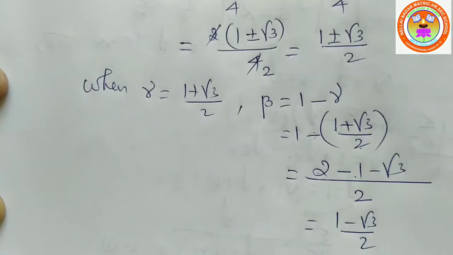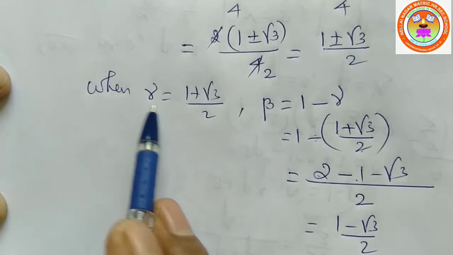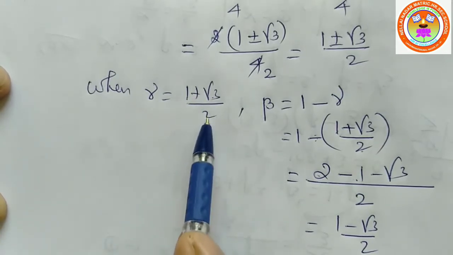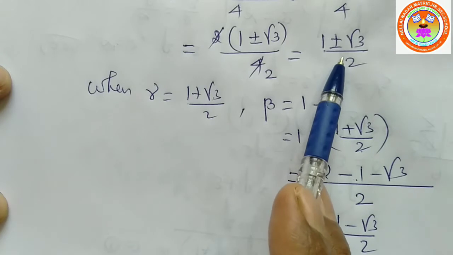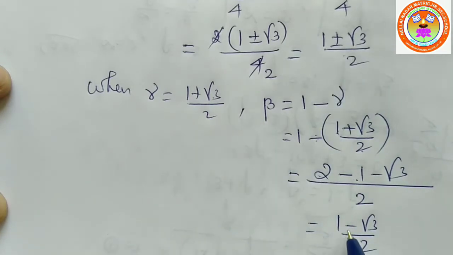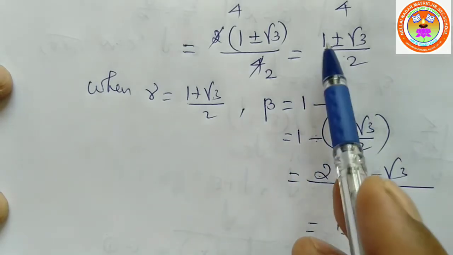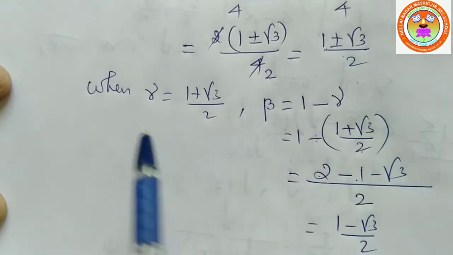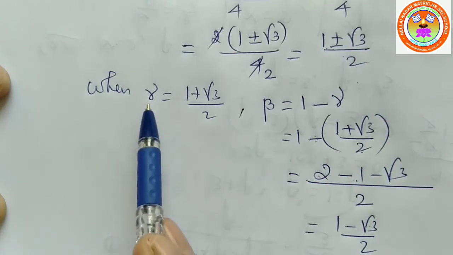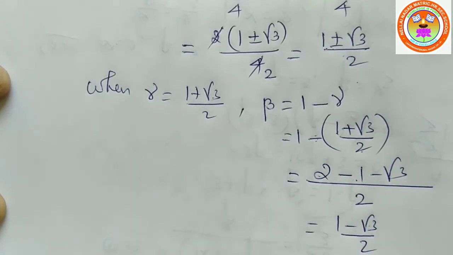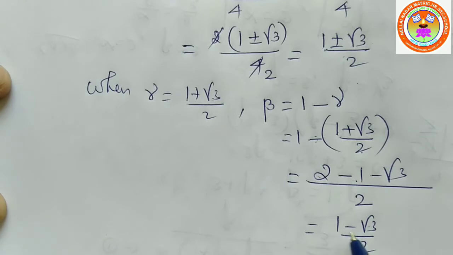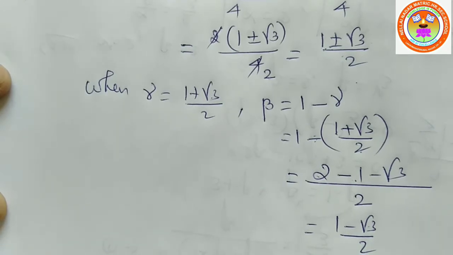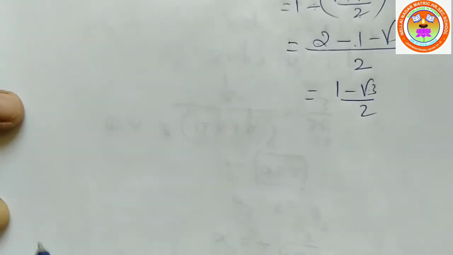So if we apply gamma is equal to 1 plus root 3 by 2, the first value of this one, we are getting beta is equal to 1 minus root 3 by 2, that is the second value. Suppose if we apply gamma is equal to 1 minus root 3 by 2, again we will get beta is equal to 1 plus root 3 by 2. Let me check the value again one more time.